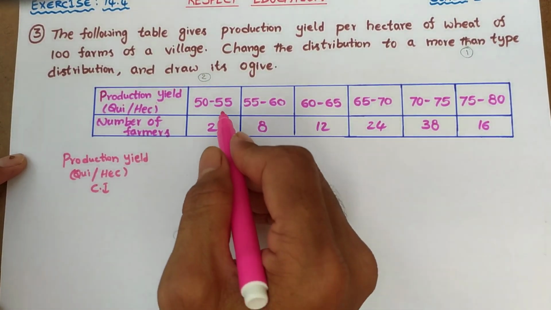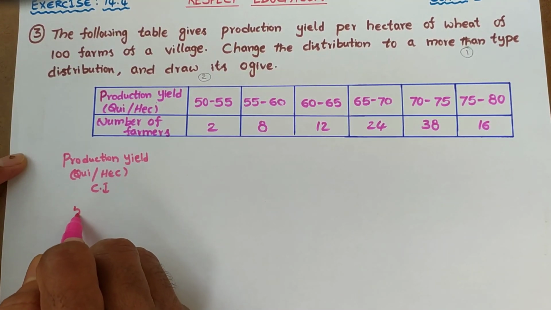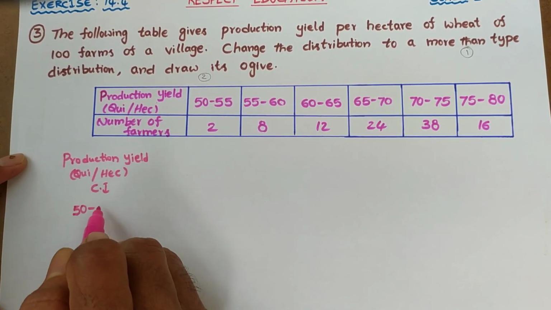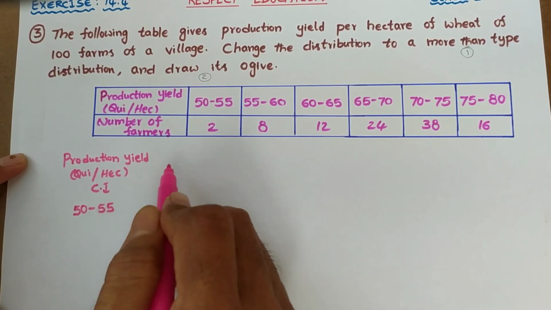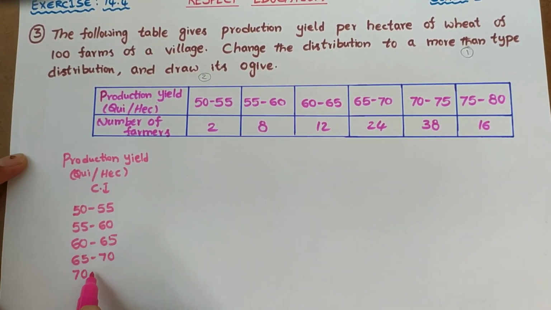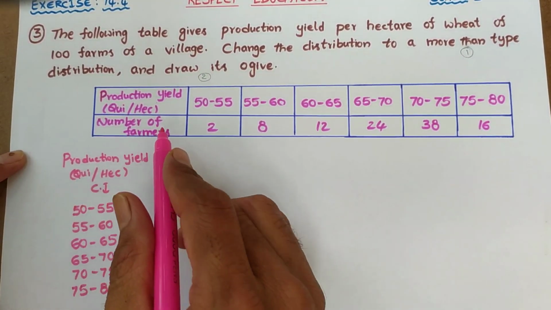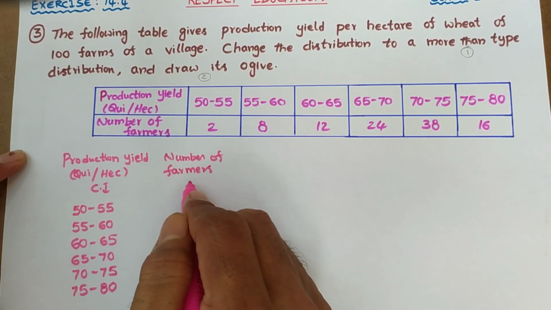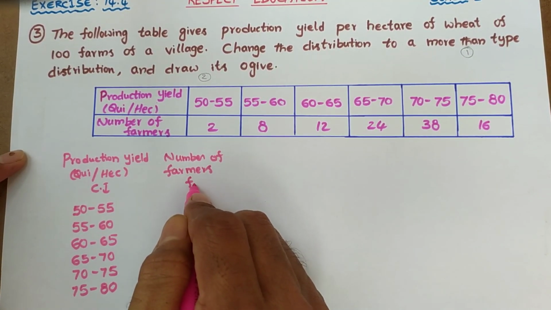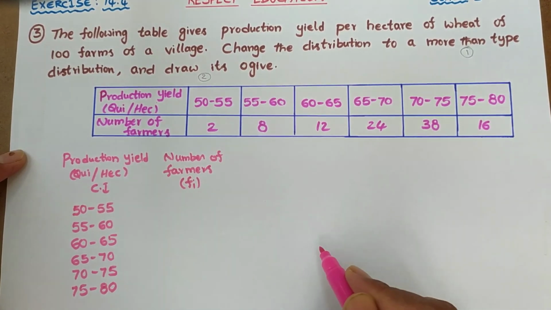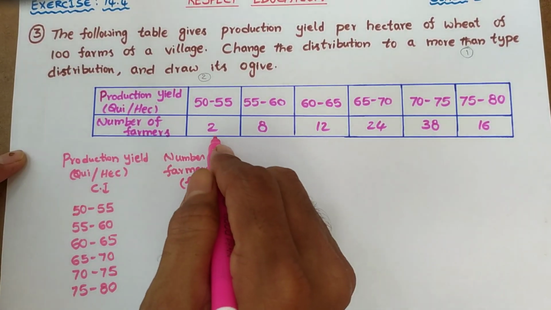Let us write the given values. Those are 50 to 55. Now number of farmers, this can be taken as Fi or frequency.